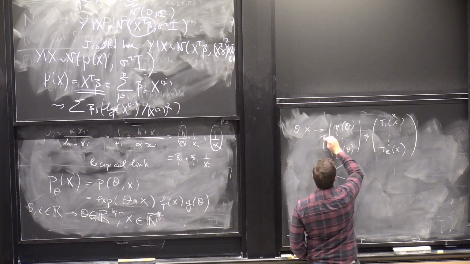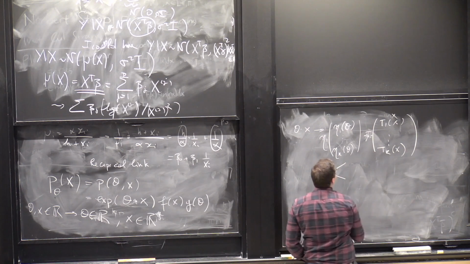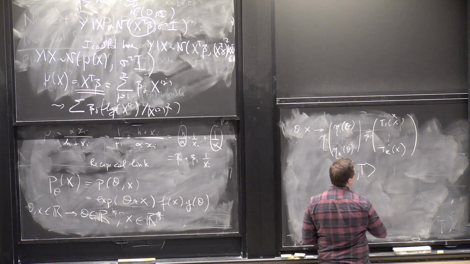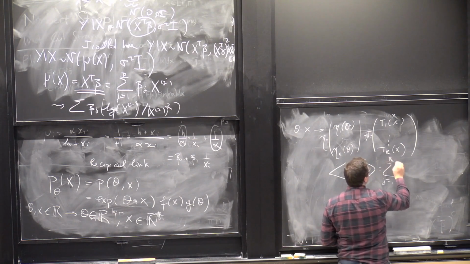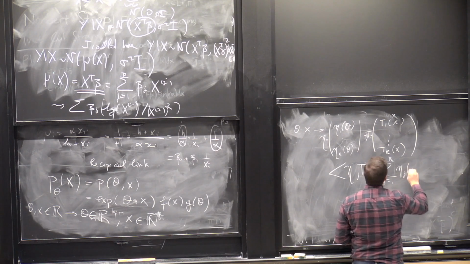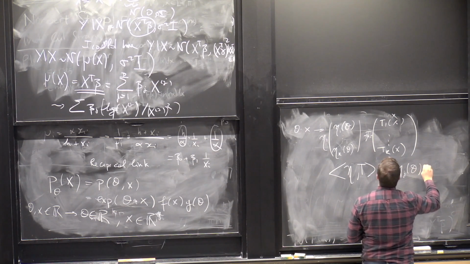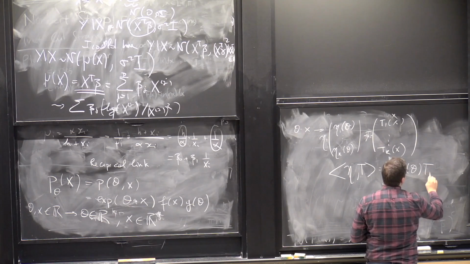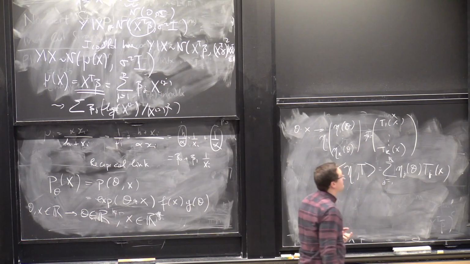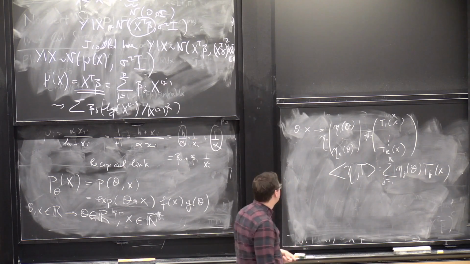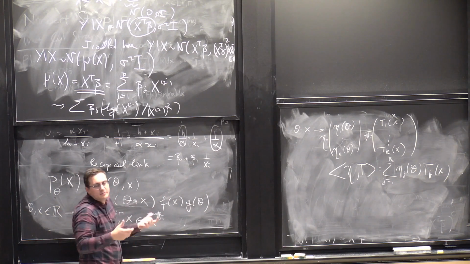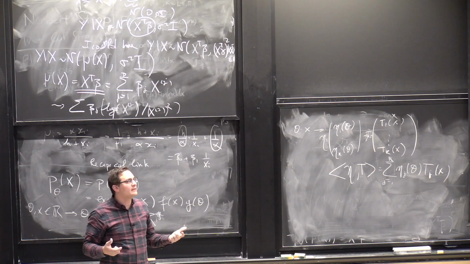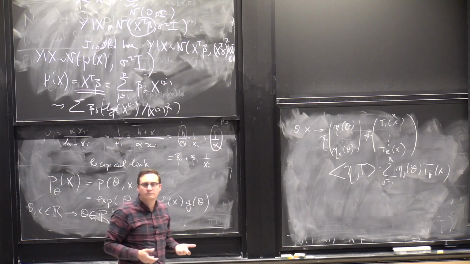So let's call this eta, and let's call this t. I'm going to take the inner product of eta and t, which is just the sum from j equal 1 to k of eta j of theta times tj of x. So that's just a way to say I want this simple interaction, but in higher dimension. The simplest way I can make those things happen is just by taking inner products.